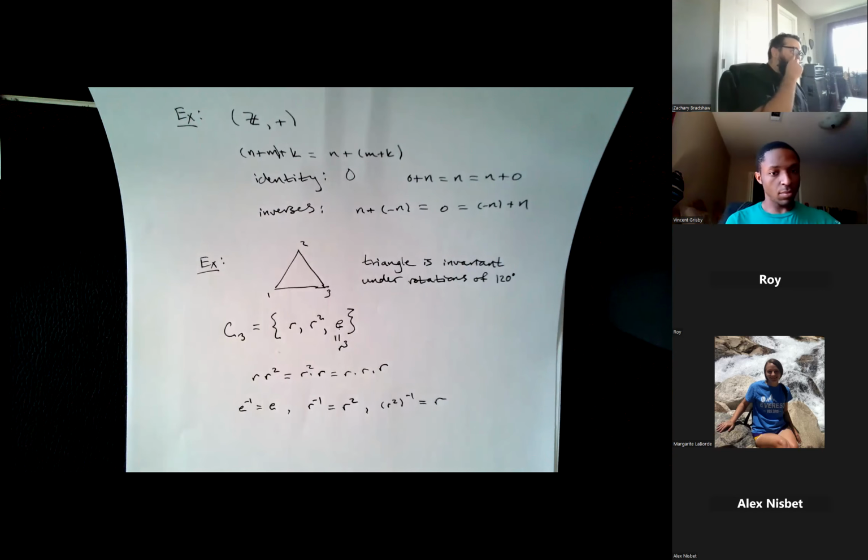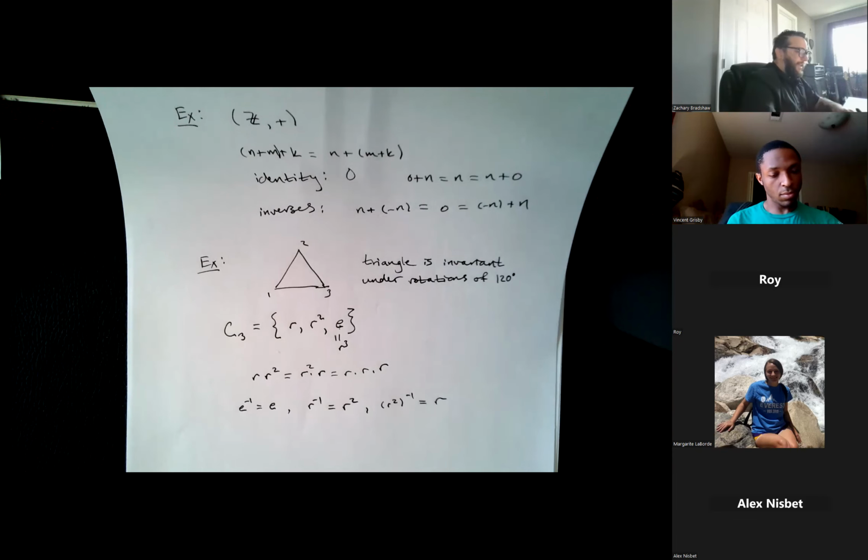So it's a group called a cyclic group of order 3. It appears in several other ways, including integers modulo 3. But this is a nice picture because it allows us to move to the next step, the next example.